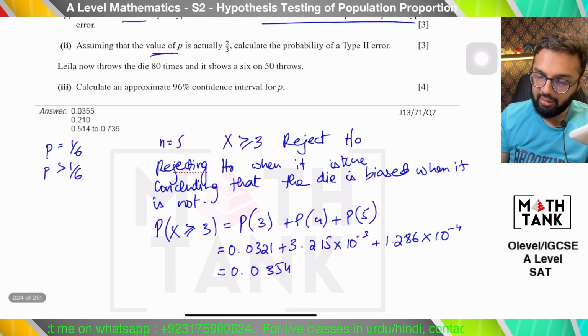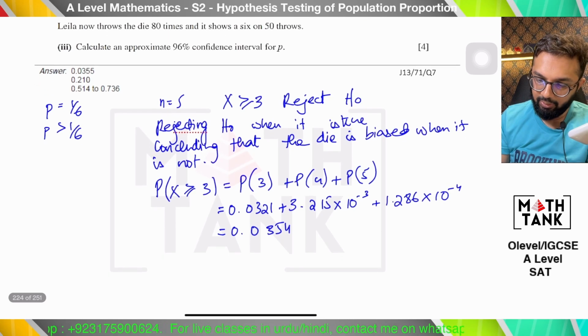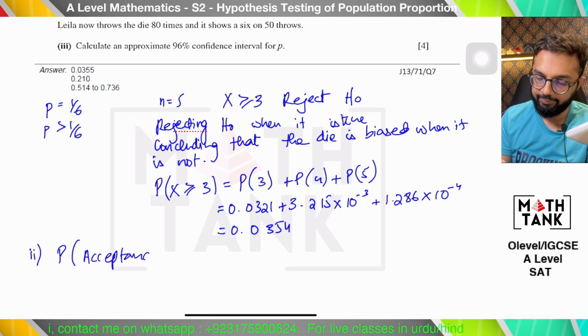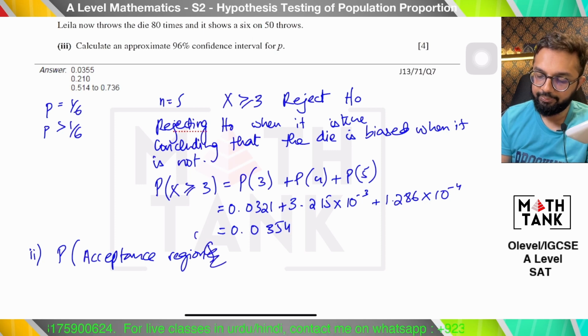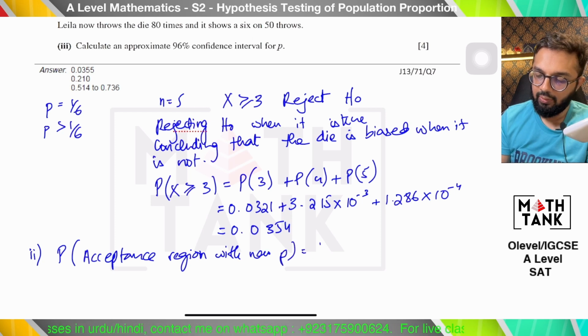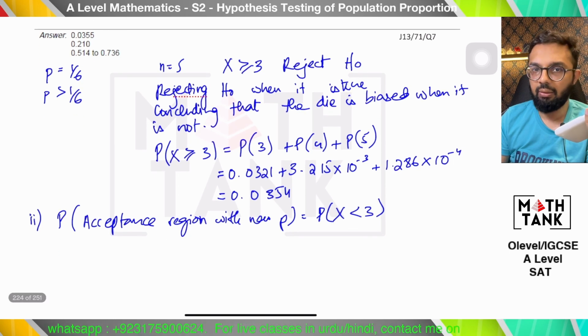Assuming that P actually is 2/3, calculate the probability of a type 2 error. So type 2 error is accepting, that is the acceptance region, with the new P. So probability of x less than 3 because the rejection region had greater than or equals to 3.